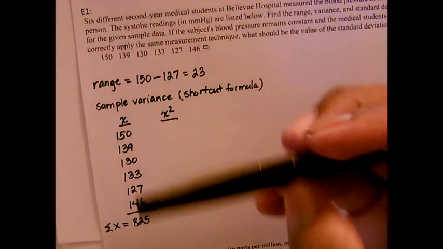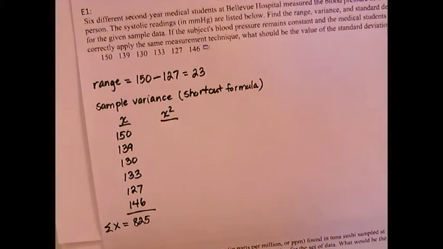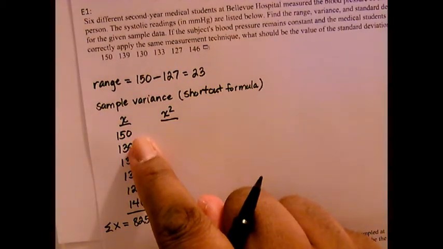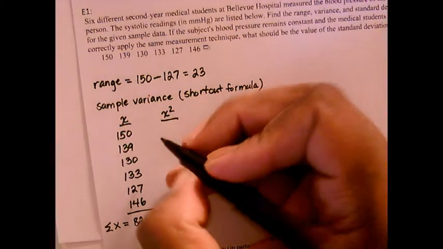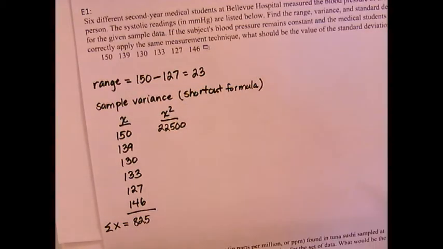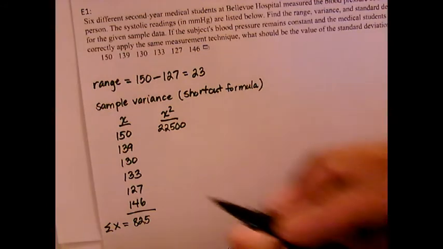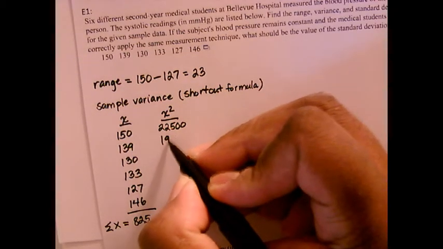Now for my x squares, I'm going to square each individual x value one at a time. So if I do 150 and I square it, that's like 150 times 150, you're going to get 22,500. Then 139 squared will be 19,321.